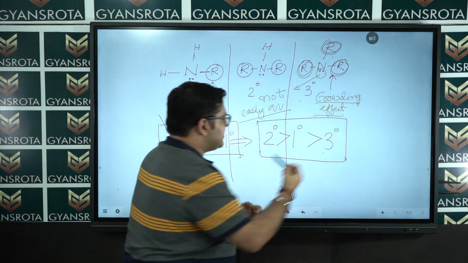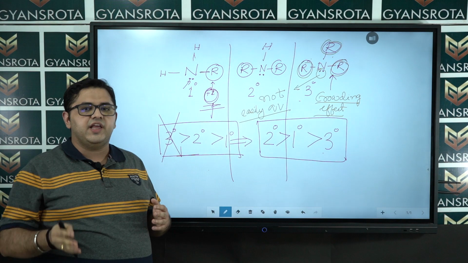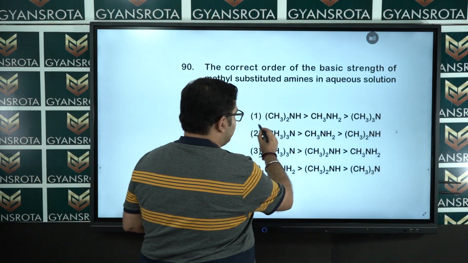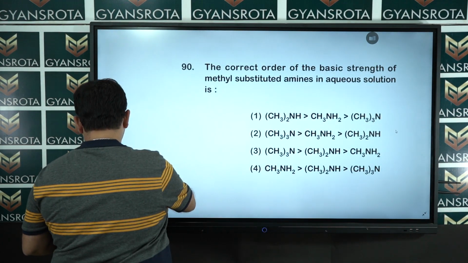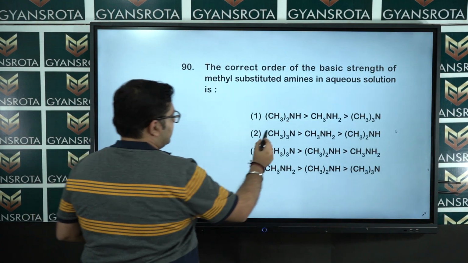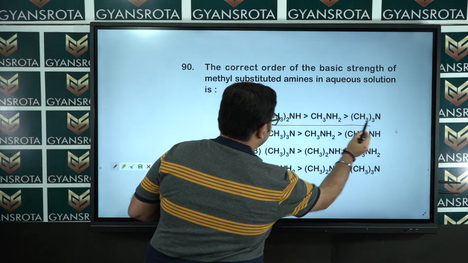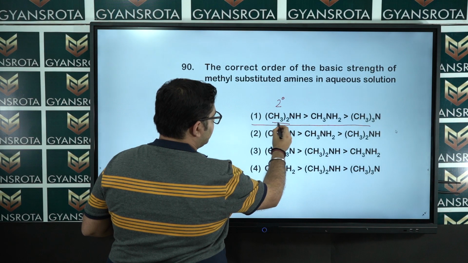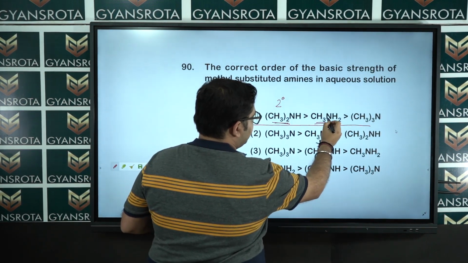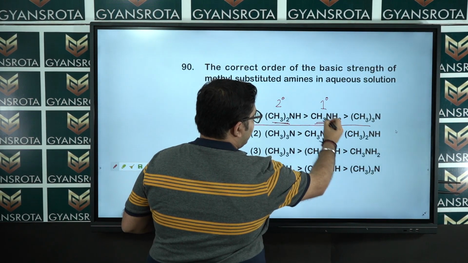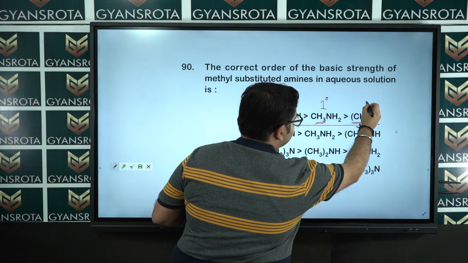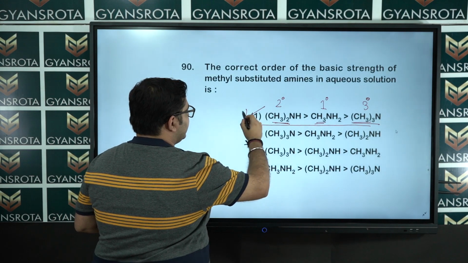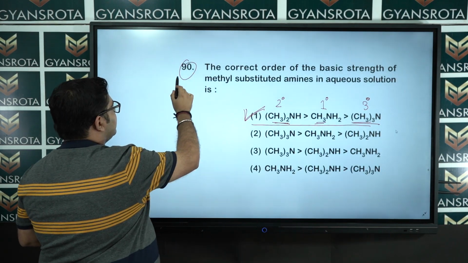As a result, the basicity of tertiary amine automatically decreases. So, if you see option number 1, this is your secondary, because 2 alkyl groups are there. This is your primary because 1 alkyl group is there, and this is your tertiary. So, this is the correct answer of question number 90.